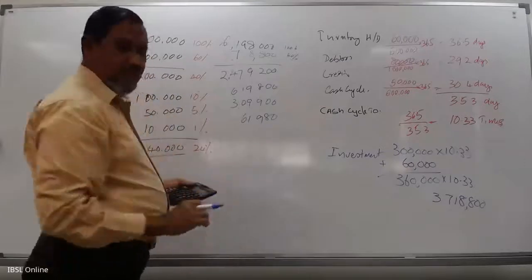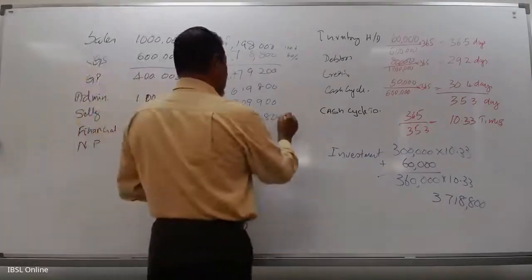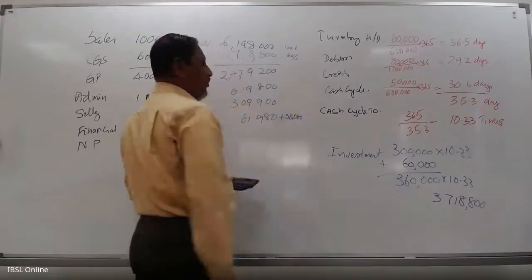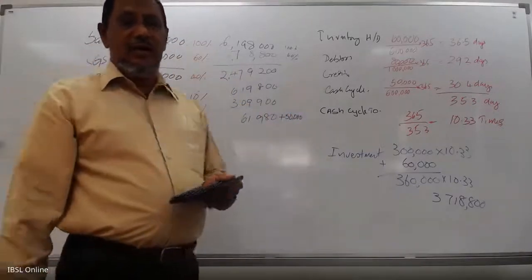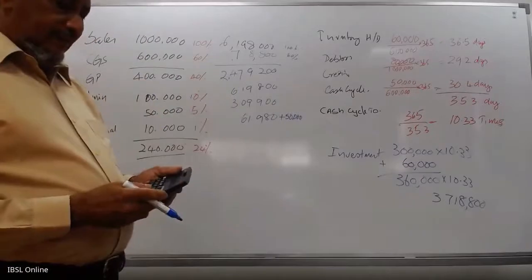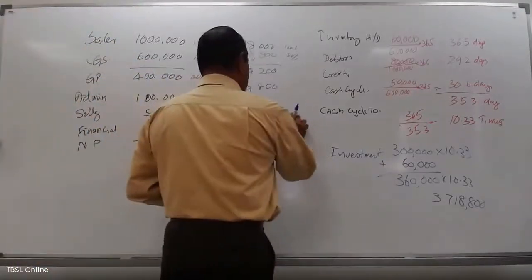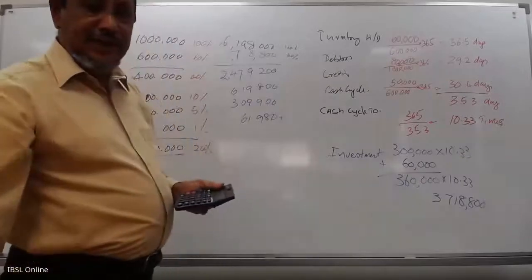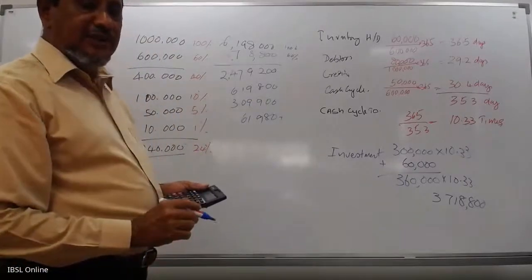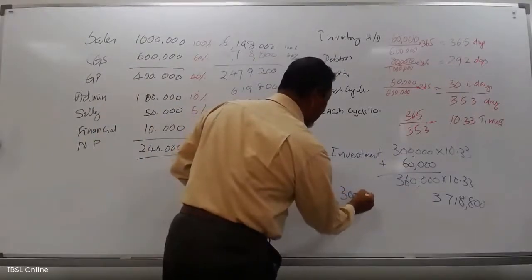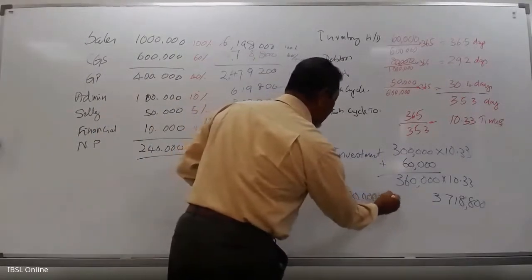Sorry, plus the interest rate 18% per annum for the 300,000 loan, 18% per annum.